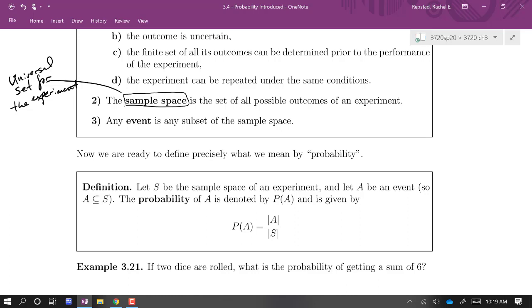So A is a subset of S. The probability is the size of A divided by the size of S, and we think of this as the number of ways A can happen divided by the total number of outcomes.